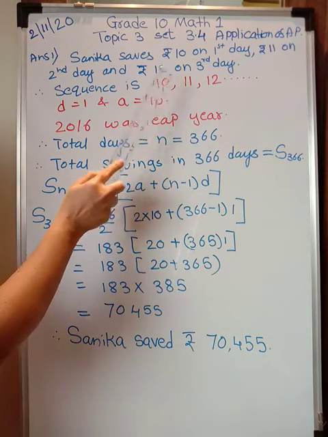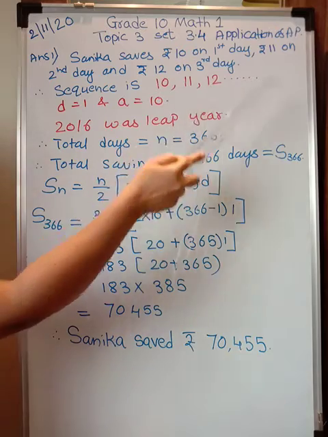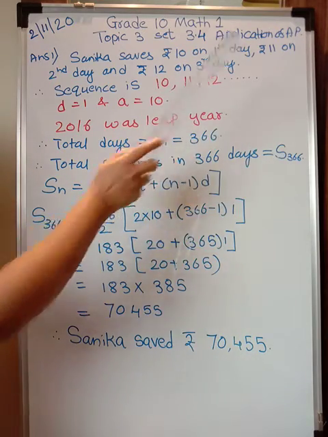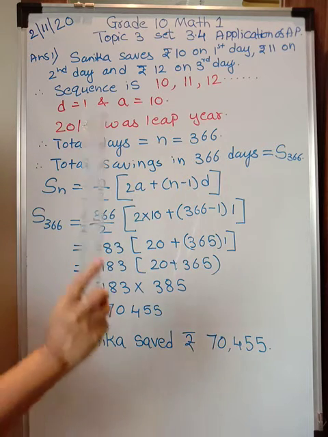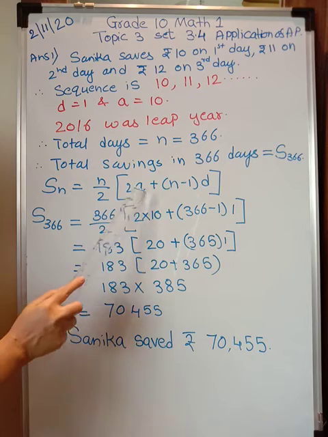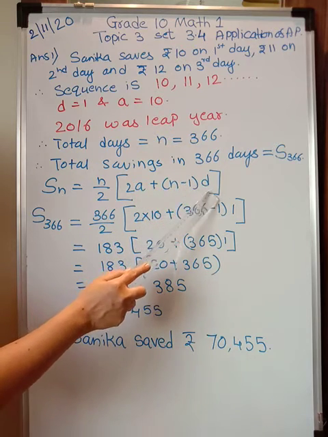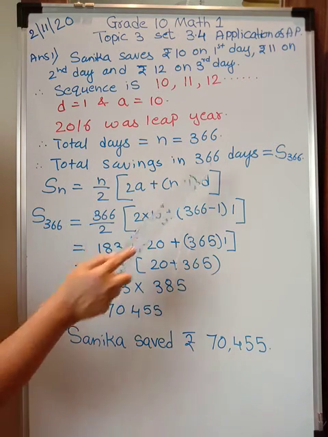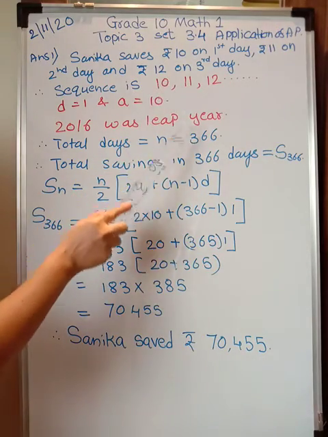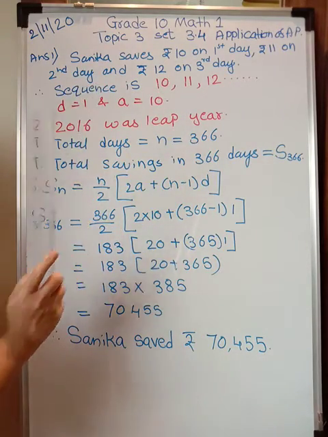See, this term plus this term plus this term, like this you go and add till the 366th term. So the sum of all the terms is given by the formula Sn, which is equal to n by 2 in bracket 2a plus n minus 1 into d. But how many terms are here? There are 366 terms. Each day constitutes one term of a year.